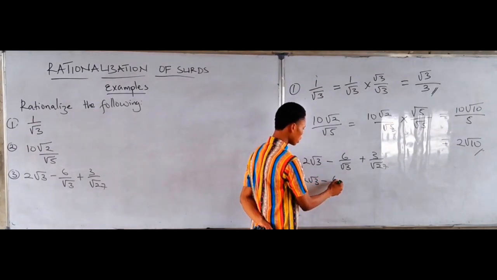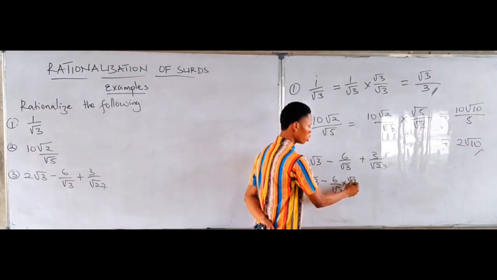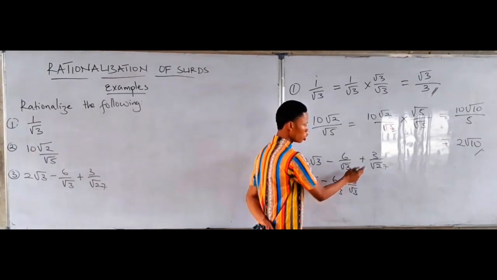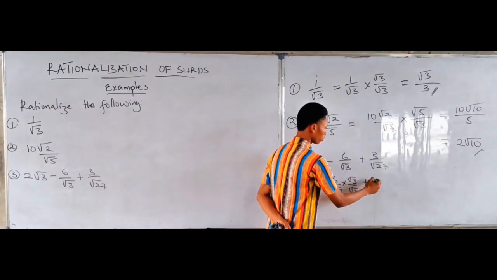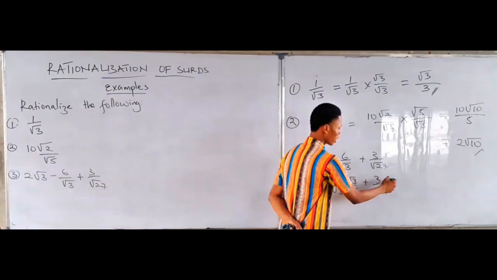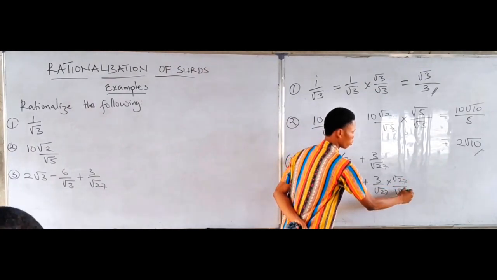We can say this is the same thing as 6 all over root 3 times root 3 over root 3. This is how to rationalize this one. You move on to the next, plus 3 all over root 27. To rationalize this, we multiply by root 27 over root 27.